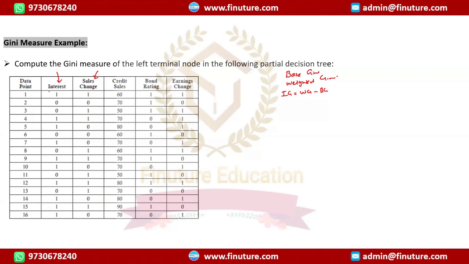That initial node in my decision tree will help me measure the base Gini. How we do it, I'll explain. And when I add one more node, that is sales change, that will give me a weighted Gini. The difference between what I have now after adding sales change and what was initial, when I had just interest obligation, will give me information gain.